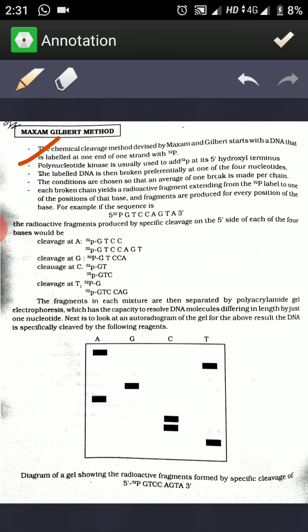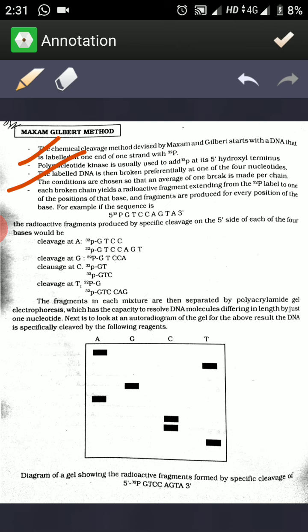Polynucleotide kinase is usually used to add P32 at the end of the DNA.